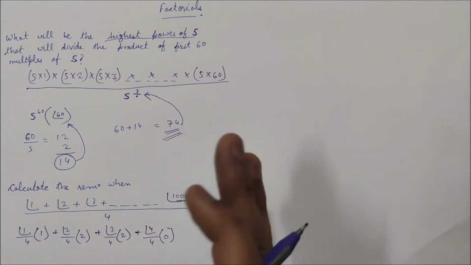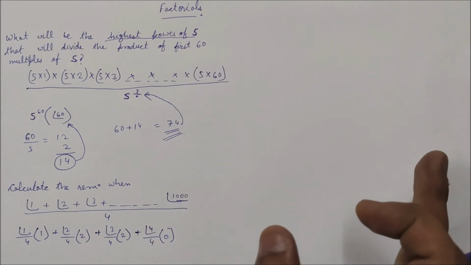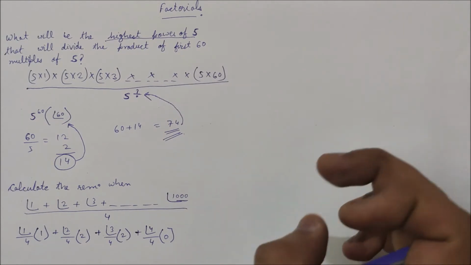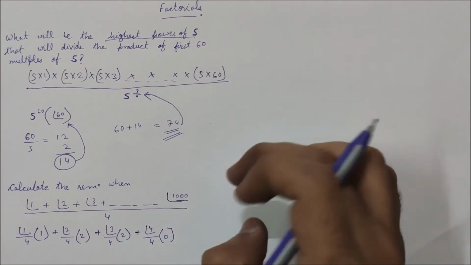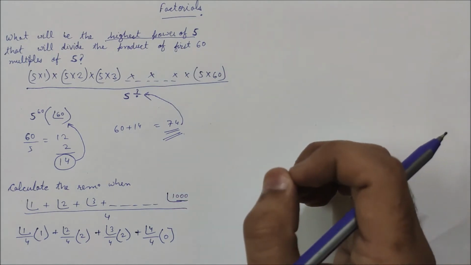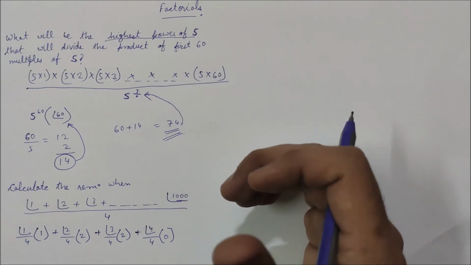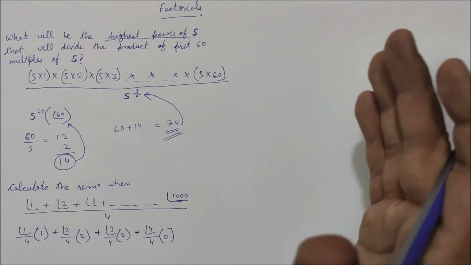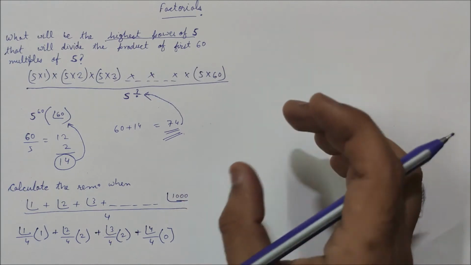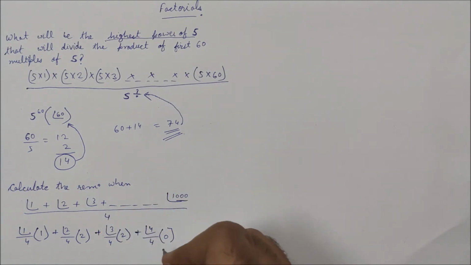So that means all the factorials after factorial 4, since factorial 4 leaves a remainder of 0, will also leave a remainder of 0, because factorial 5 is nothing but 120, and 120 divided by 4 will give me a remainder of 0. Then the next factorial is 720, again the remainder would be 0, and we can proceed, and we'll always find that the remainder will be 0.